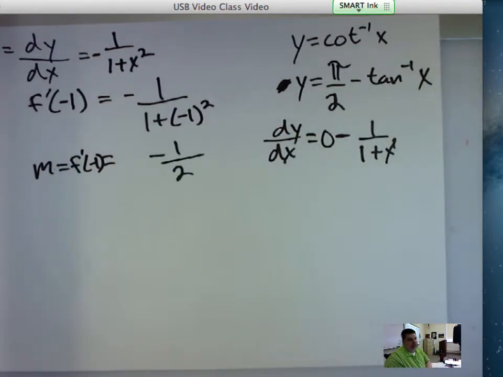Can somebody tell me what I just did and why I did it? You squared the -1 and added it with the 1. What's the big picture? What am I trying to do? I'm trying to find the slope. Why do I need the slope?